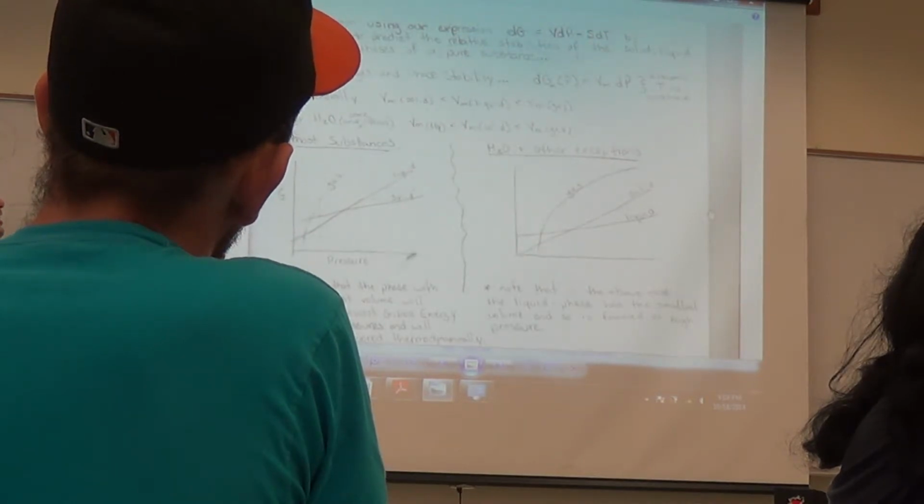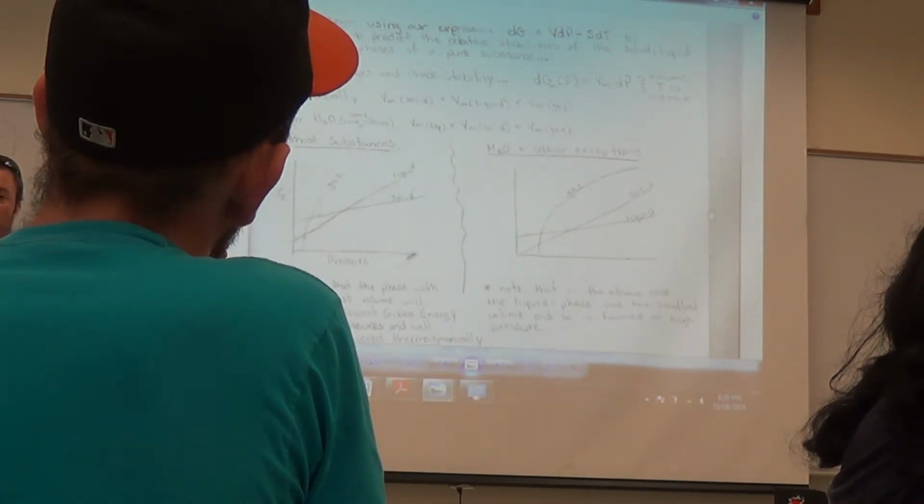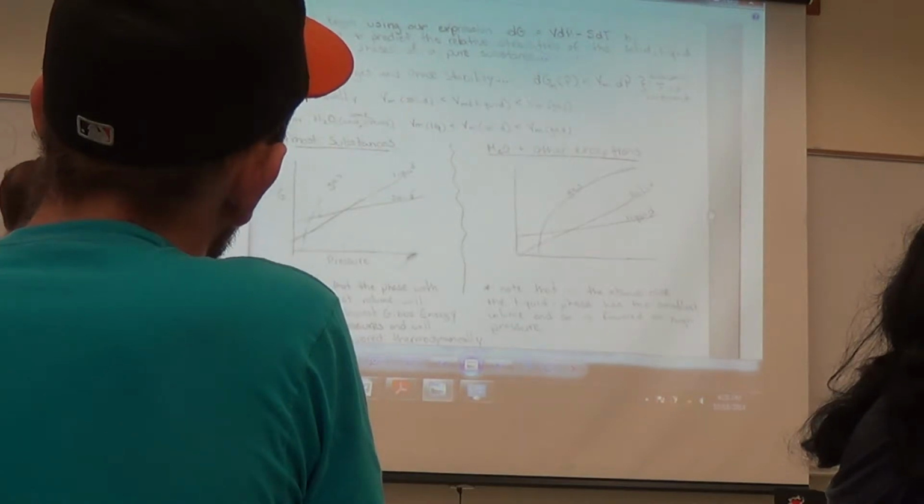When we look at these graphs, we need to understand that whichever species has the lowest Gibbs free energy is going to be the species that is favored at that particular condition of pressure. So this ends up being really cool once we look at it.